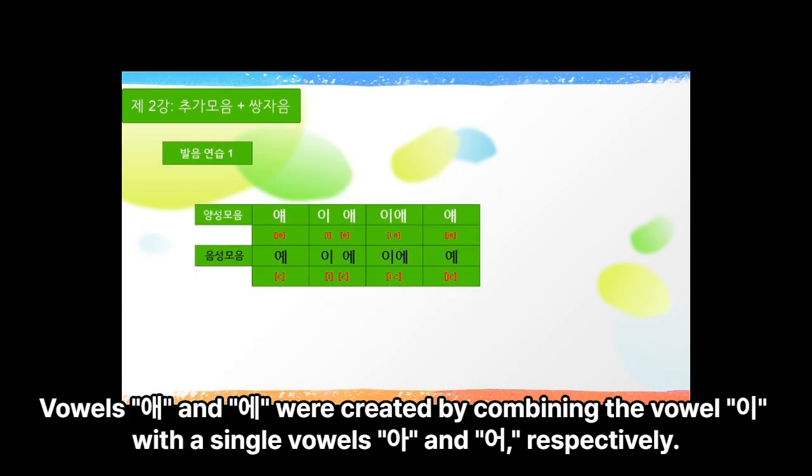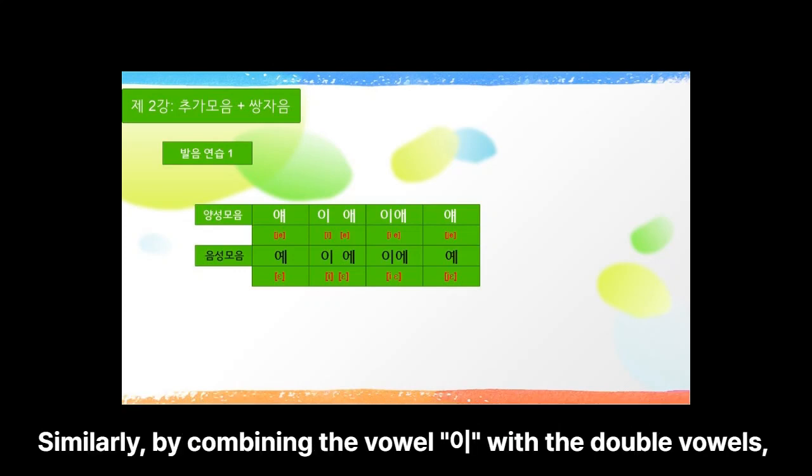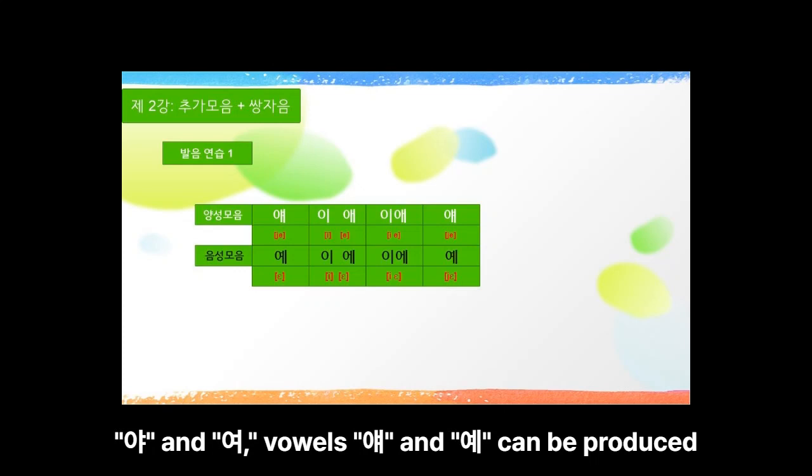Vowels a and e were created by combining the vowel e with the single vowels a and respectively. Similarly, by combining the vowel e with the double vowels y and yo, vowels ye and ye can be produced.